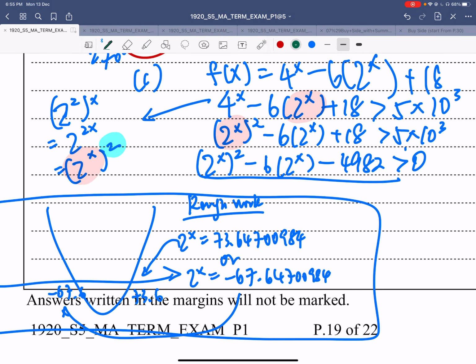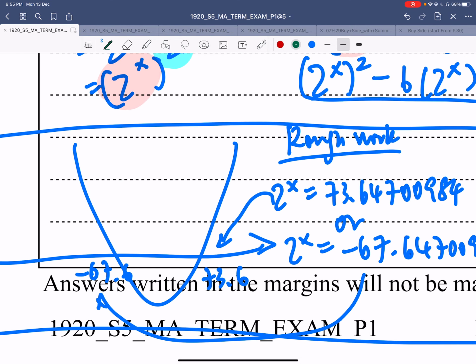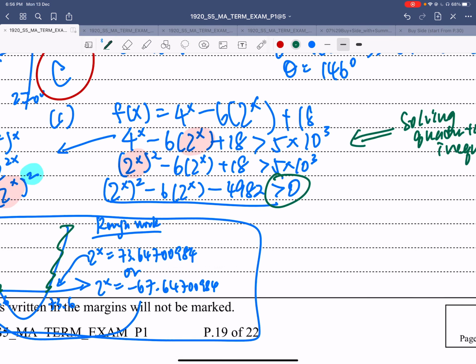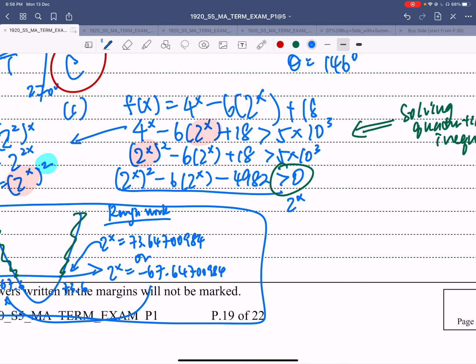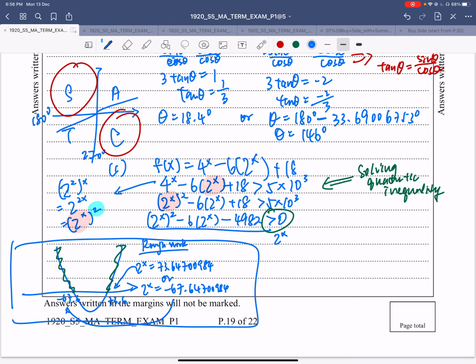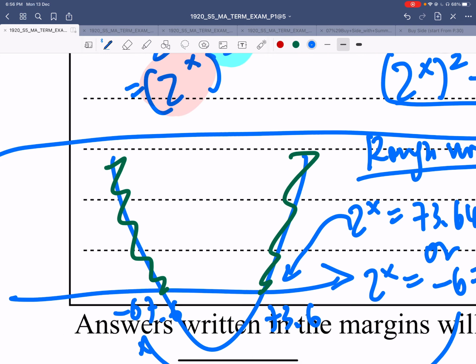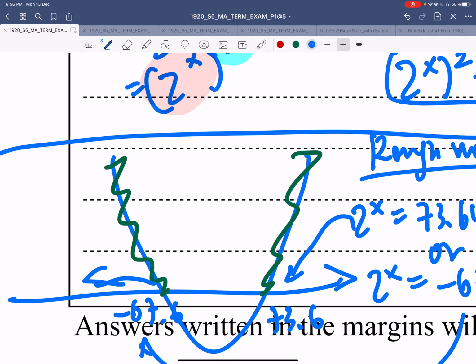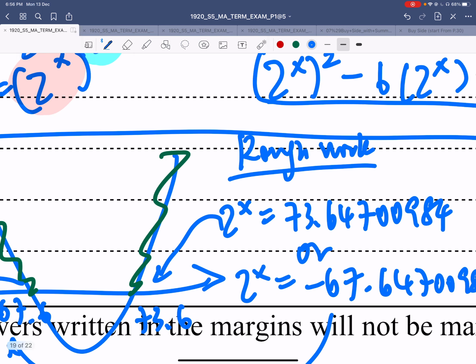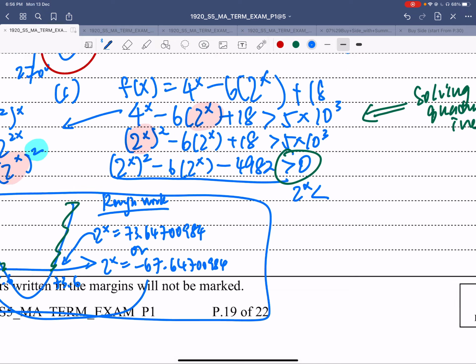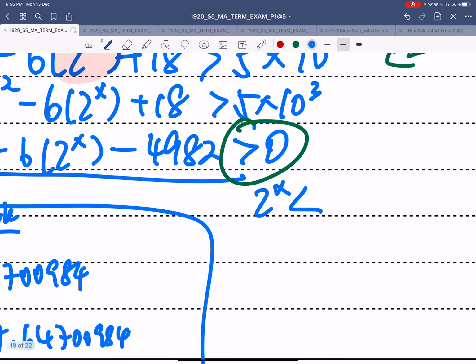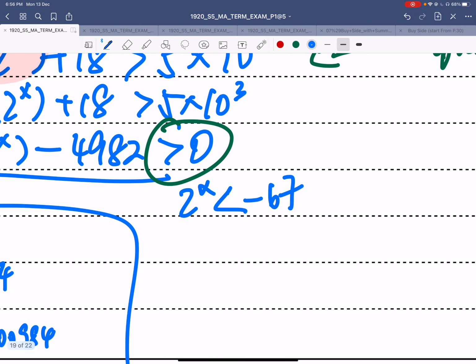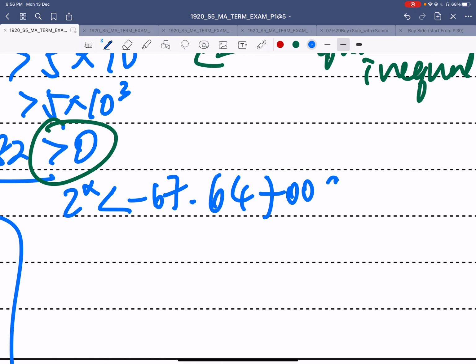The question requirement is larger than 0. So the range should be larger than 0, all right? Therefore, you can finally write down that 2 to the power of x should be smaller, because you can see beyond this it is smaller, right? For the left hand side, smaller. So 2 to the power of x is smaller than negative 67.64700984.